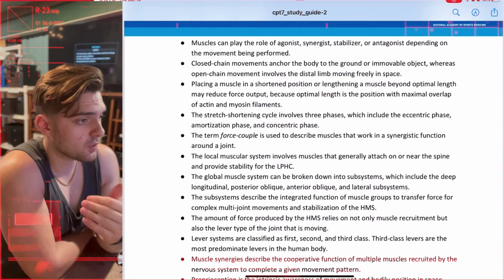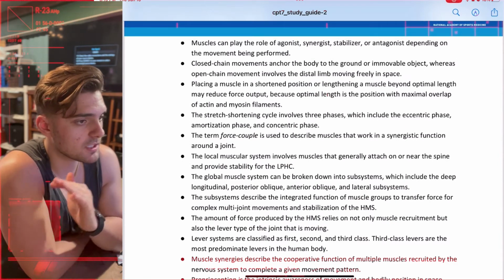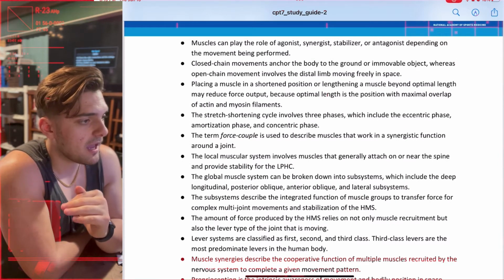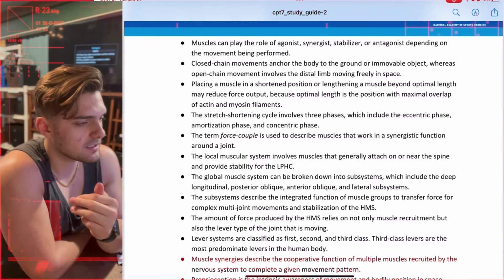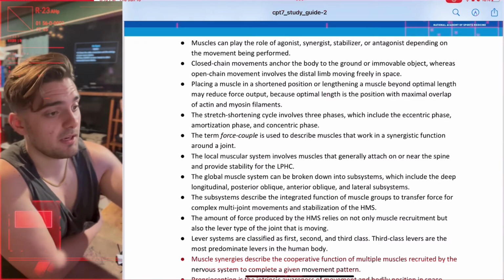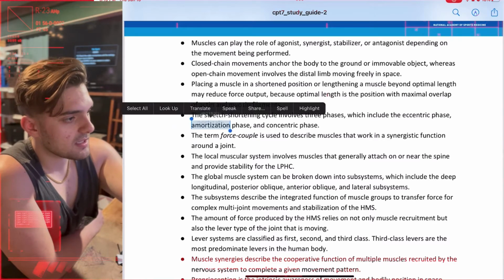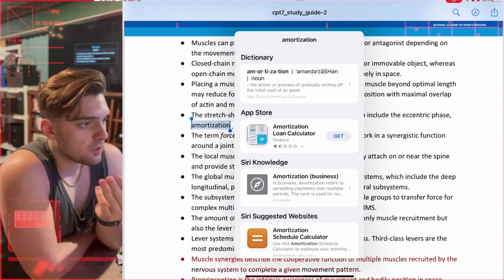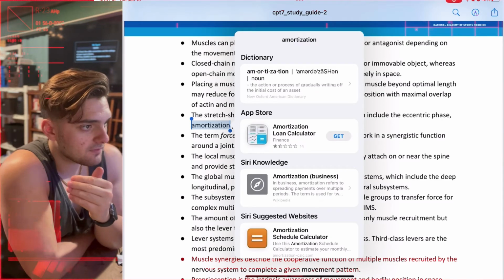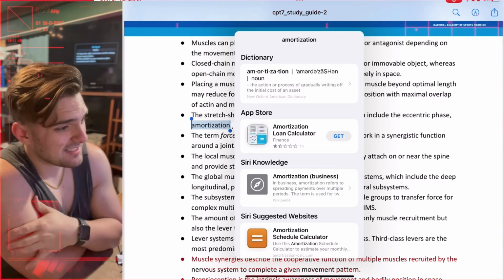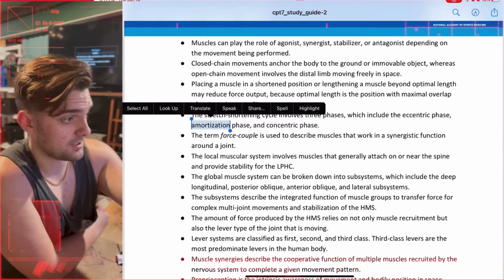The stretch-shortening cycle involves 3 phases, which include the eccentric phase, amortization phase, and concentric phase. So we've got down the concentric and eccentric. What is this other one? The action or process of gradually writing off the initial cost of an asset. That's not it. Amortization.